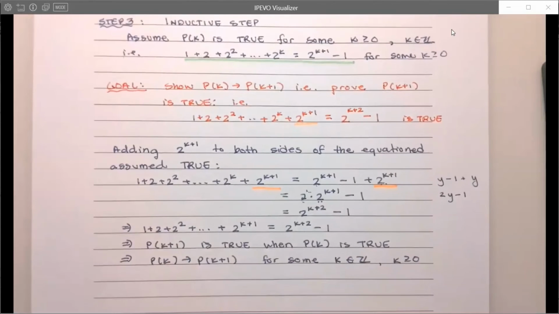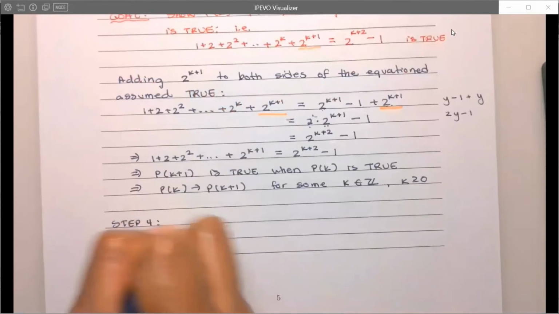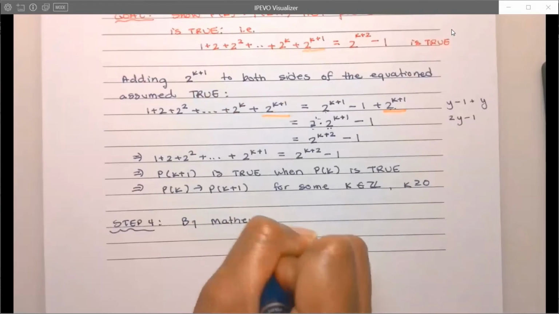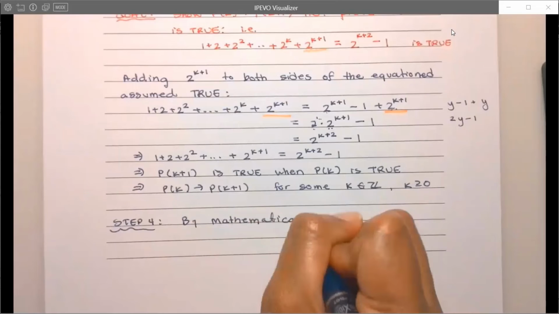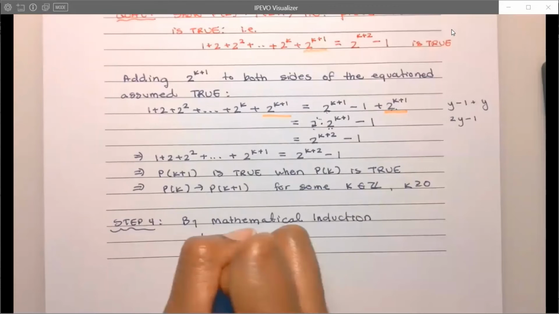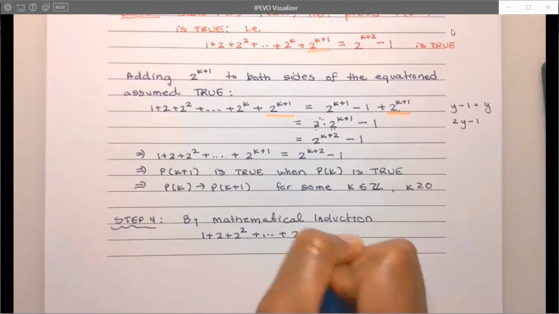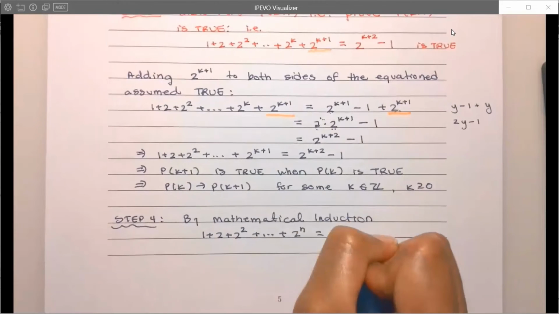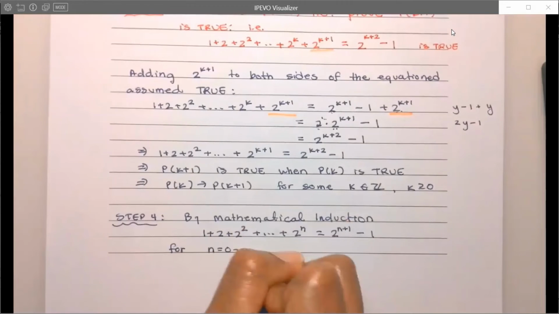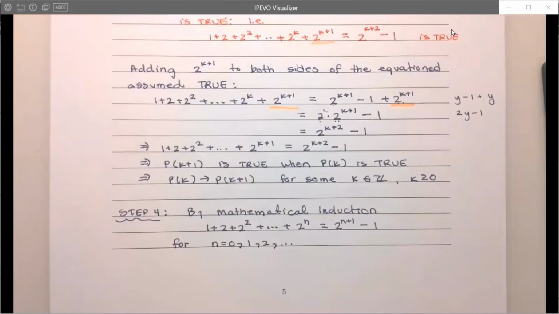So that concludes the inductive step, and we can make our final remark. By mathematical induction, P of n will be true for all non-negative integers. That would be the whole proof.